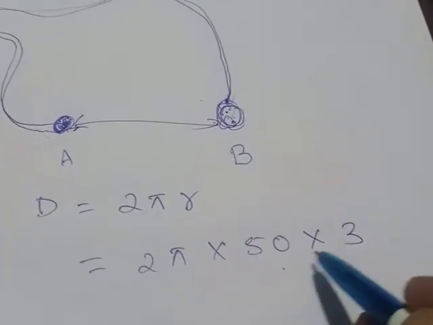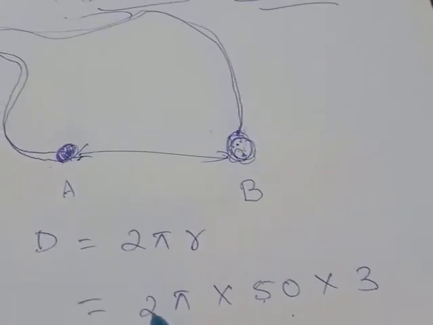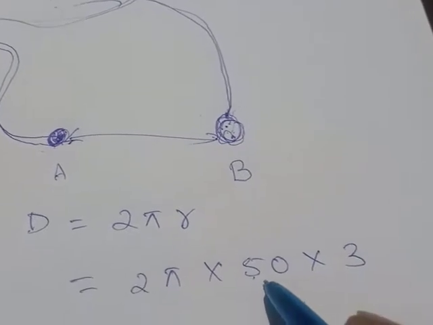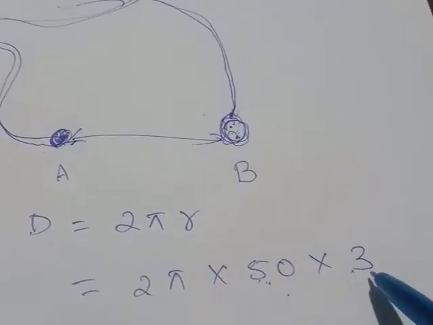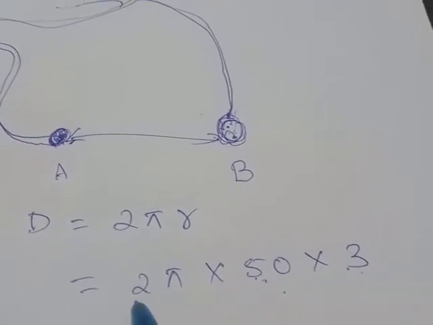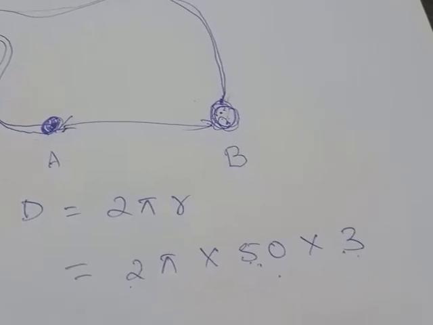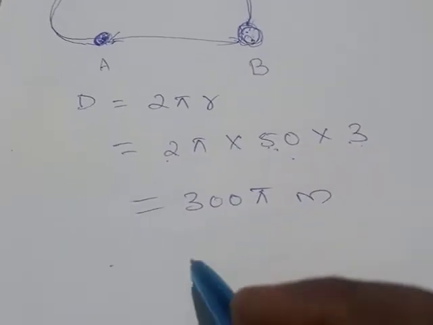So you can get 2 into 50 into 3. 50 into 2 is 100, and 100 into 3 is 300. So 300 pi, and the unit is meter.